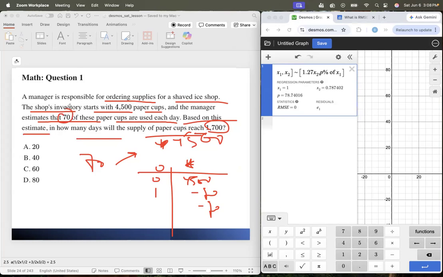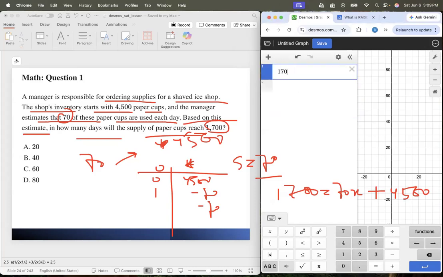The manager estimates that 70 of these paper cups are used each day. Therefore, your slope is actually -70 because it's decreasing by 70. Then I'm going to have 1,700. That's the value I want to get to, and my initial one is 4,500. That's all. You can plot the graph, and Desmos will give you the answer. So we're going to put it in Desmos for our function, and this should be easy, right?